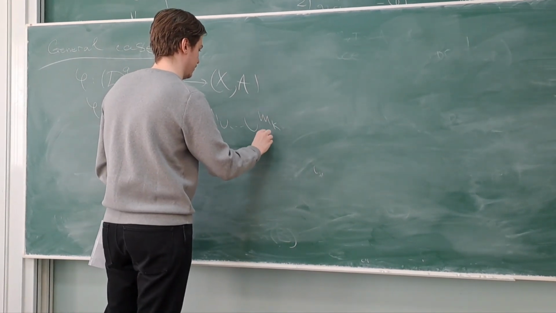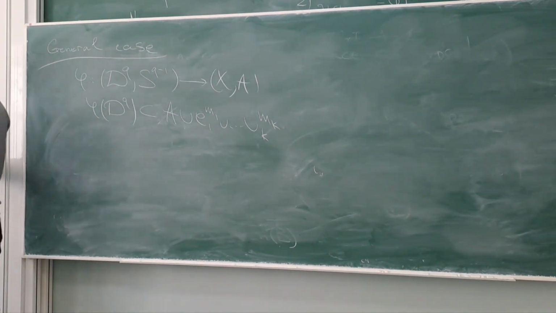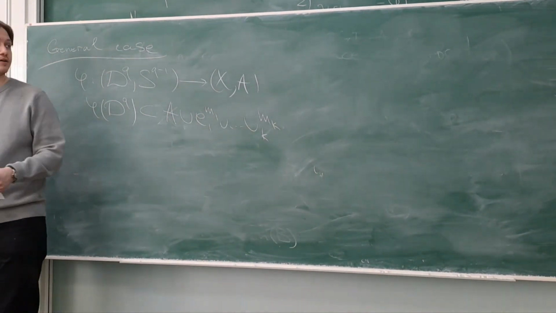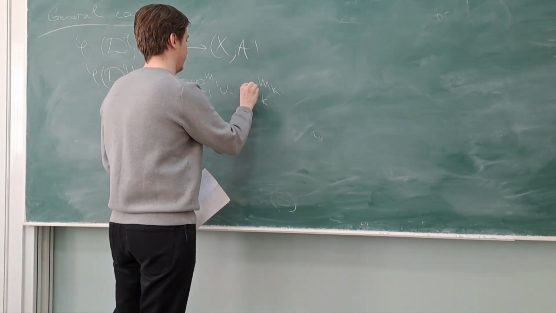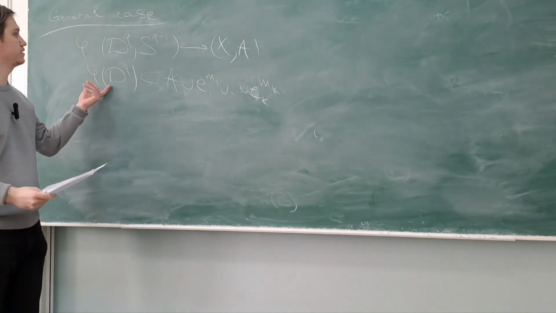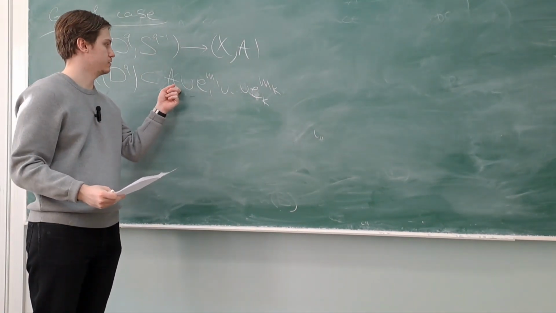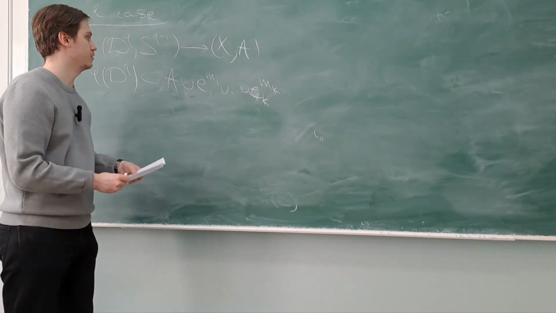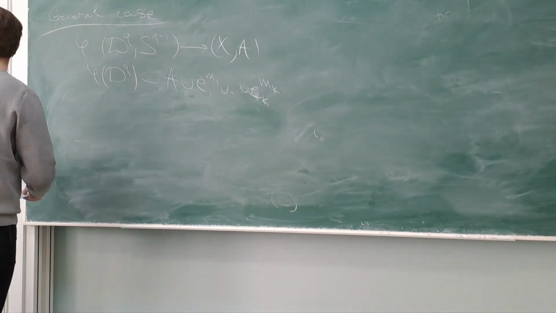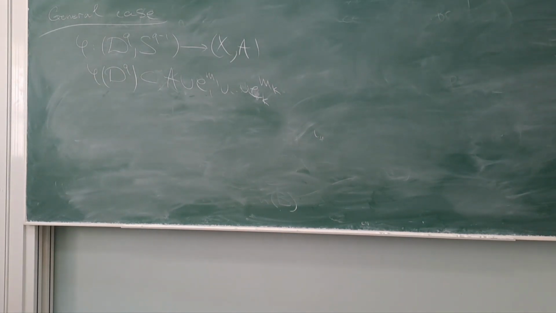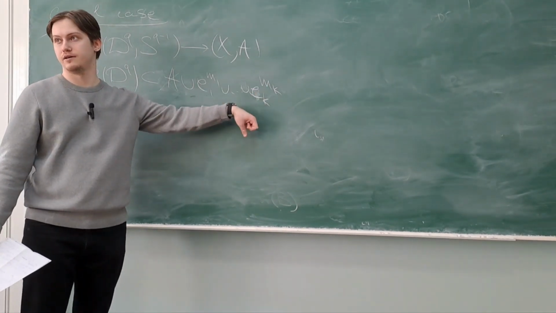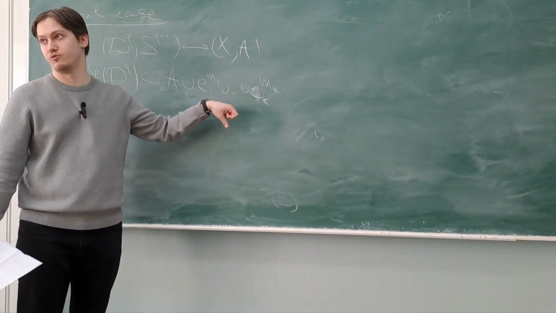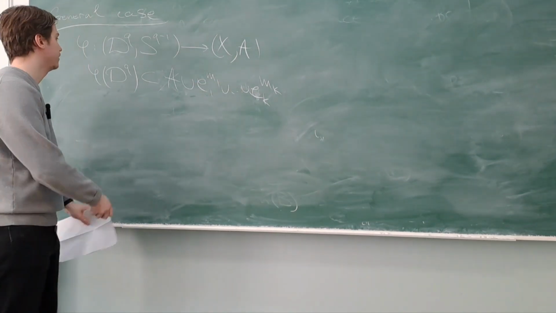Там было Q меньше, чем N. Q меньше, чем N, конечно. So here, the image lies in the union of A and a finite number of cells, and then you need to use the first case several times, to deform this map: first from the last cell, then from the previous one, and so on and so on.